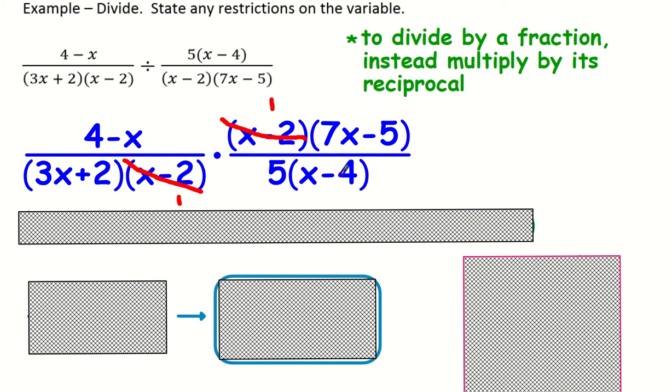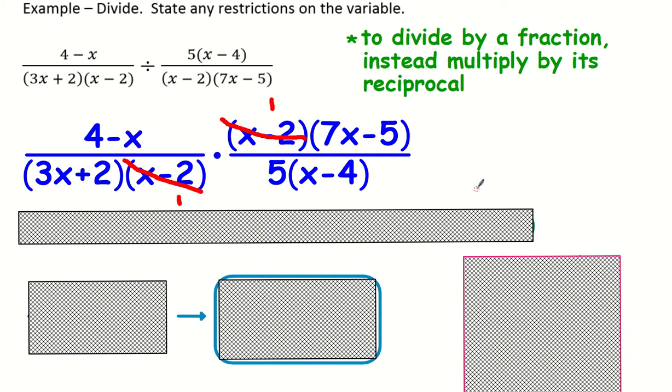Now, on a side note, if this was a 4 plus x, with this being an x plus 4, that would actually be exactly the same thing. And if these were both pluses, it would actually cancel squeaky clean. But once again, I'm not trying to pretend here that 4 minus x and x minus 4 are exactly the same thing, because they're not.